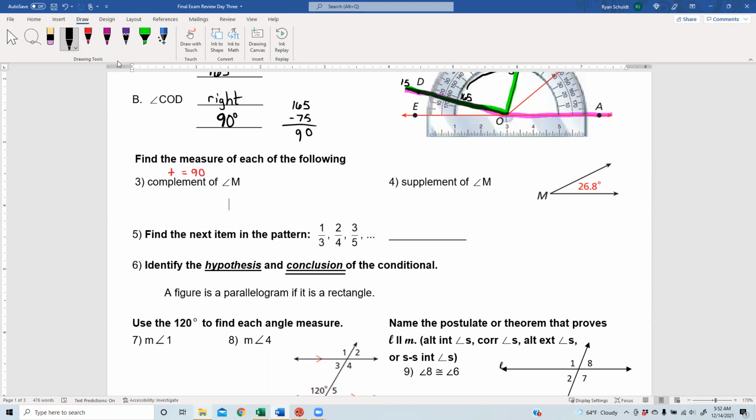So to get the complement, we would do 90 minus 26.8, which would get us 63.2 degrees. That's the complement of angle M.